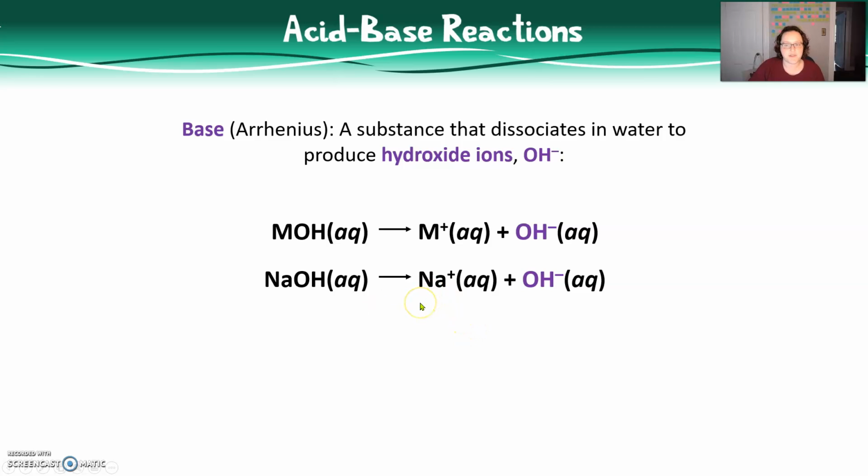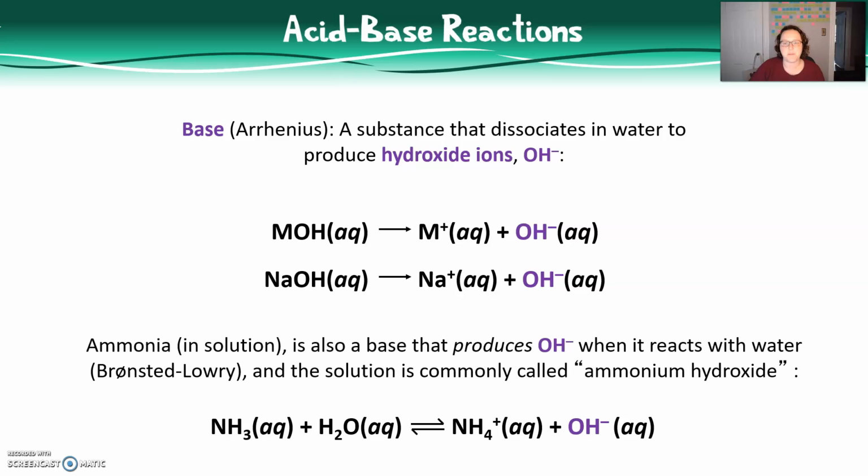However, as mentioned previously, another definition of a base is a substance that can accept a proton or hydrogen ion. This is called the Bronsted-Lowry definition of a base, and the only common one you should recognize at this point is ammonia. Note that if ammonia, NH3, is present in an aqueous solution, it can take a hydrogen away from a water molecule, forming the ammonium cation and the hydroxide ion.